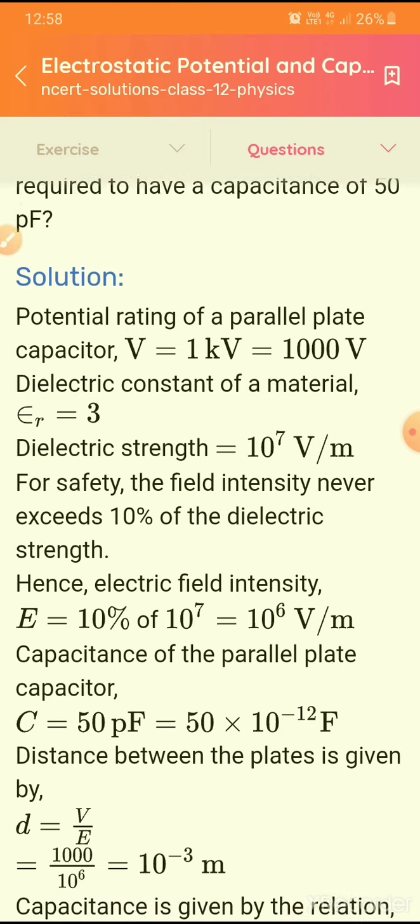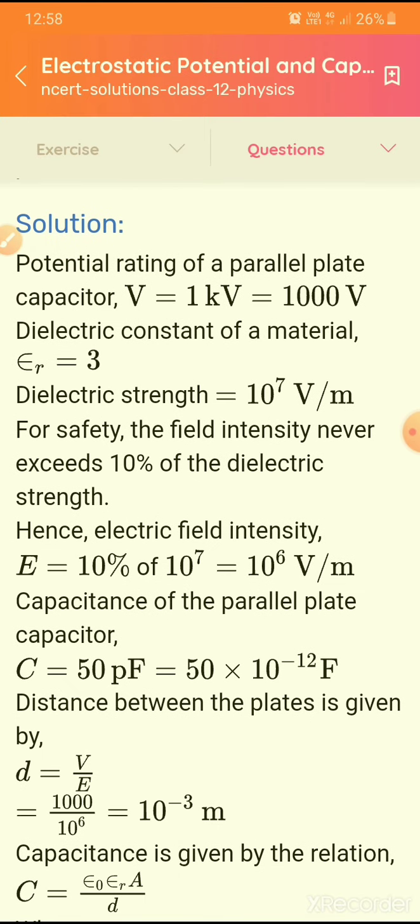So the voltage rating of the parallel plate capacitor V is equal to 1 kilovolt, which is 1000 volts. The dielectric constant epsilon R is equal to 3. The dielectric strength is 10 to the power of 7 volt per meter.